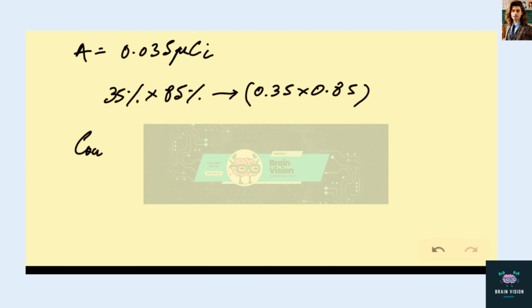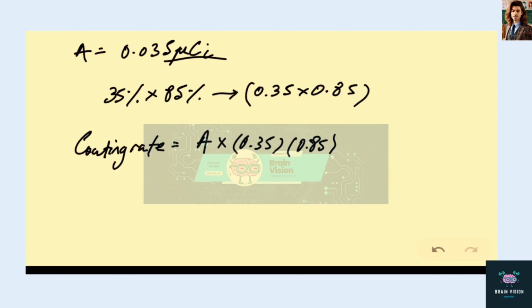So the counting rate equals the activity multiplied by 0.35 times 0.85. But right now our activity is in terms of microcuries. We have to convert that into decays per second by converting that into becquerels.